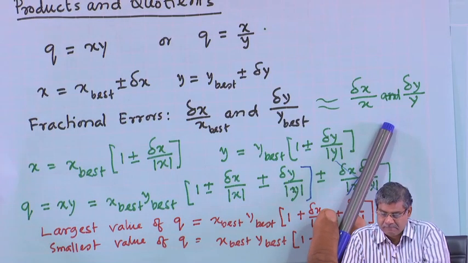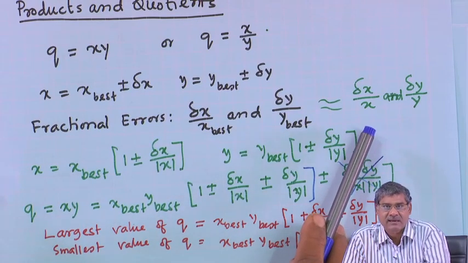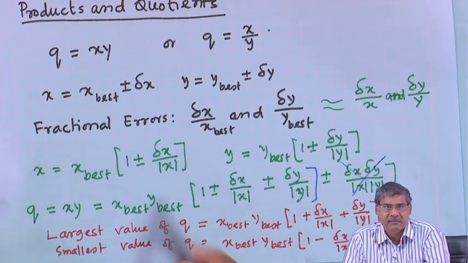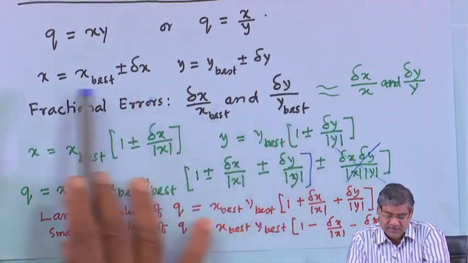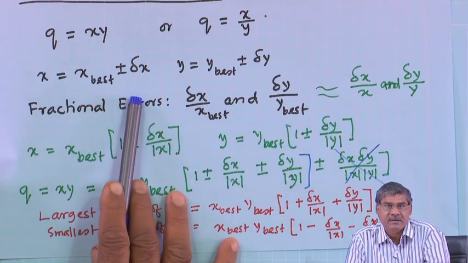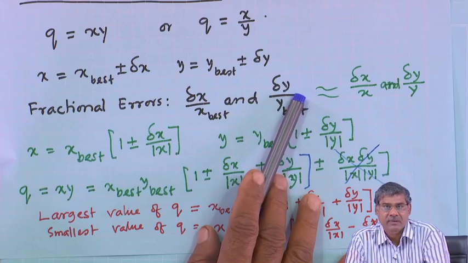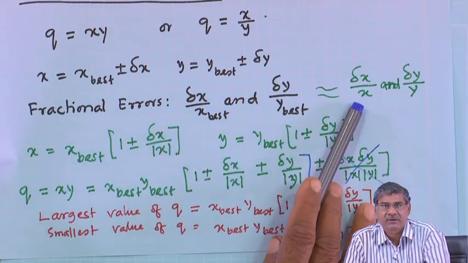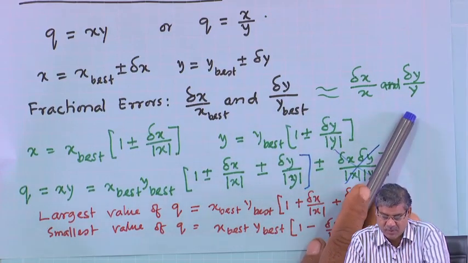Why we have considered the fractional error, you will understand just after this calculation. I know the delta x and I know the delta y, so I can find the fractional errors delta x by x and delta y by y.